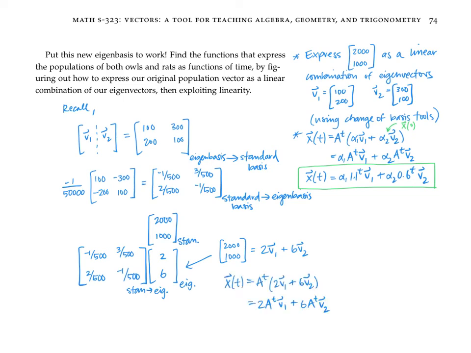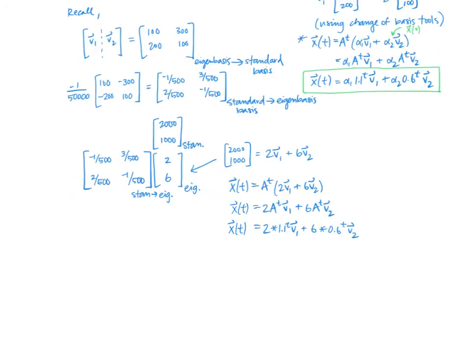And here I've gone one further step, really just matching the reasoning that we have up here, which is that x of t, being A to the t acting on this linear combination of eigenvectors, is going to give us scalar multiples of A to the t acting on v1 and v2 individually, and then we can fill in this third line here, that the effect of A to the t acting on v1 would be 1.1 to the t times v1, and A to the t acting on v2 would be 0.6 to the t times v2.